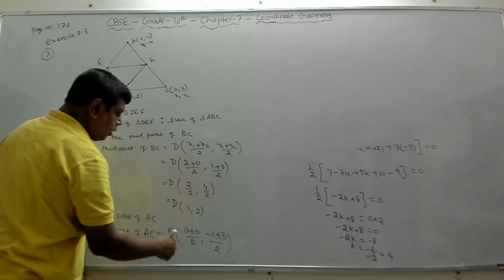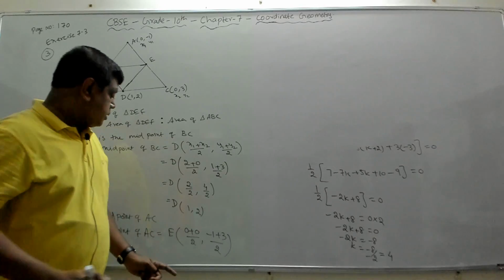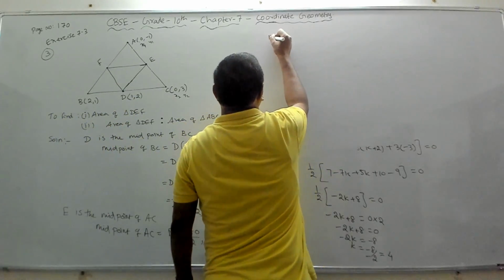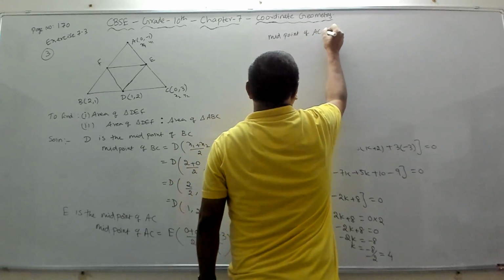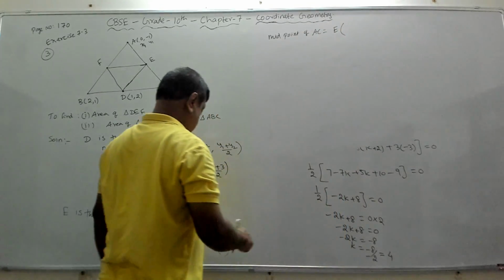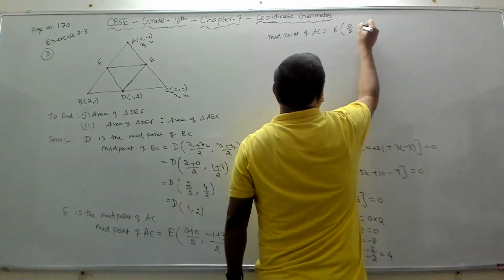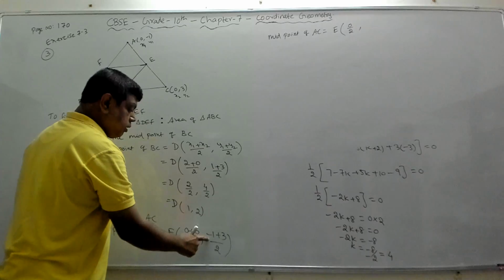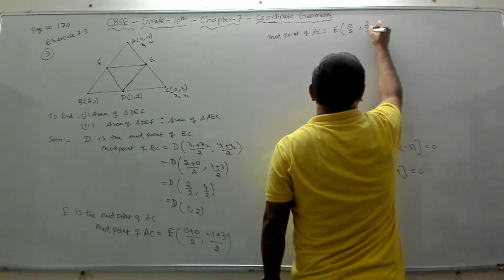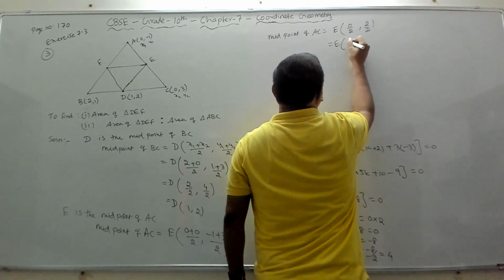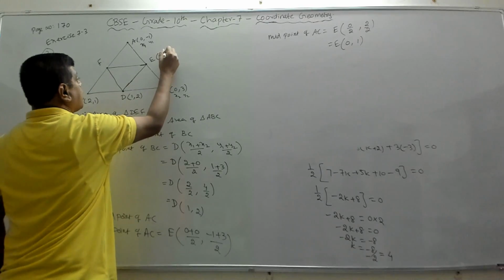So midpoint of AC is E of 0 plus 0 by 2 is 0 by 2, comma minus 1 plus 3 is 2 by 2, that is E of 0 comma 1. So point E we have found as 0 comma 1.